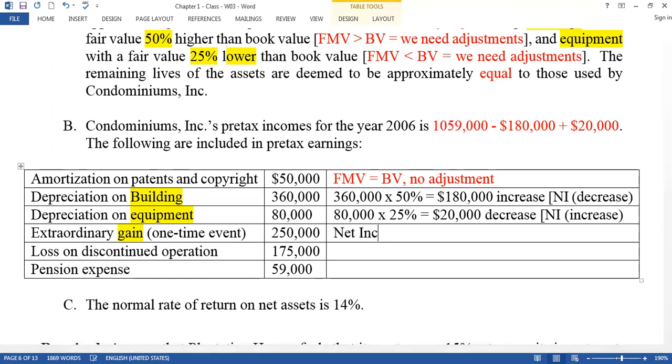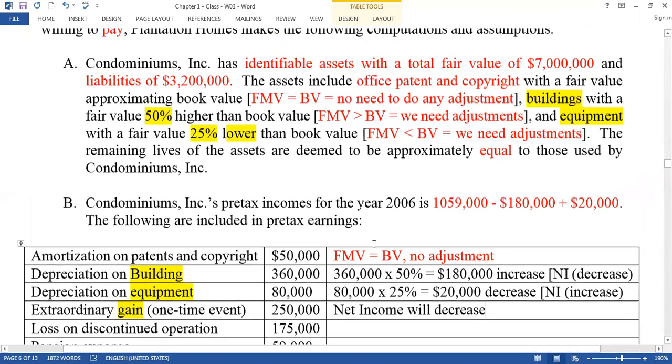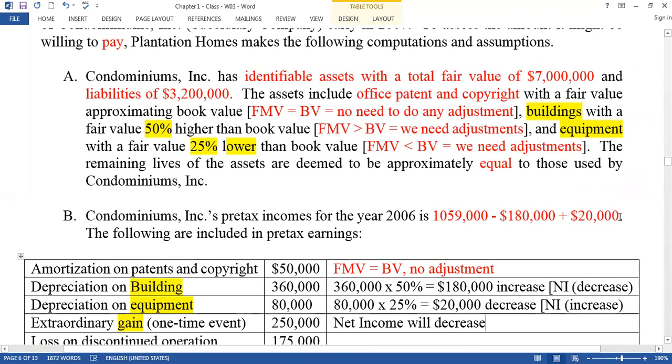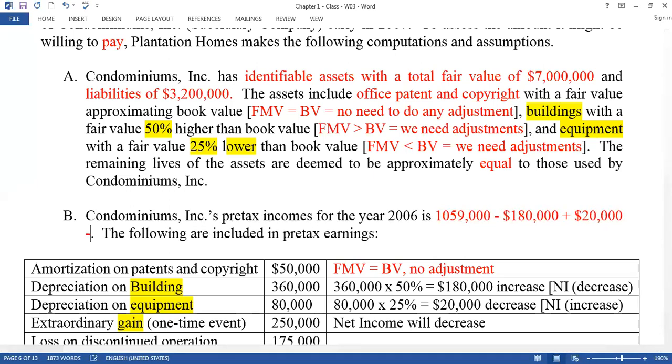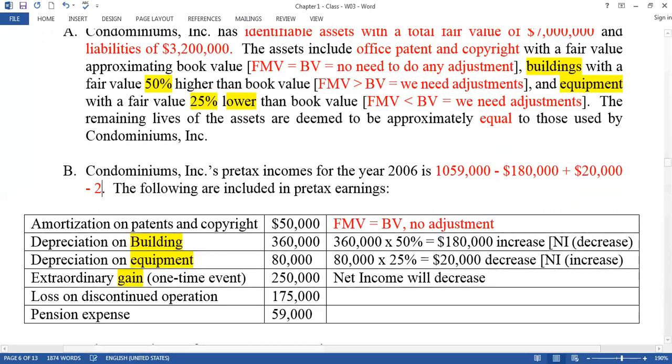Net income will decrease because it will not happen again, right? So look at here, minus $250,000. This is minus. Clear?